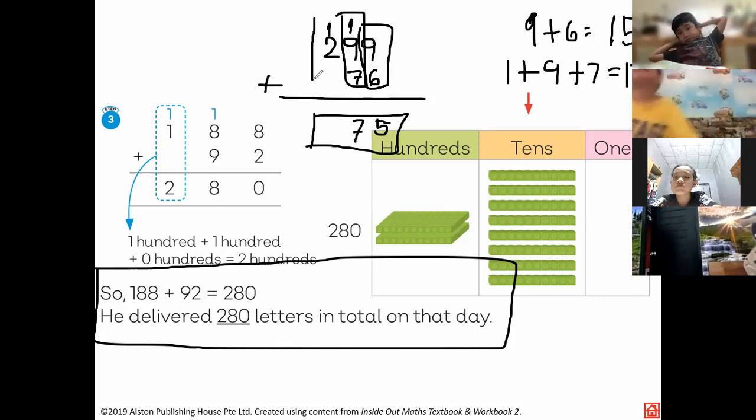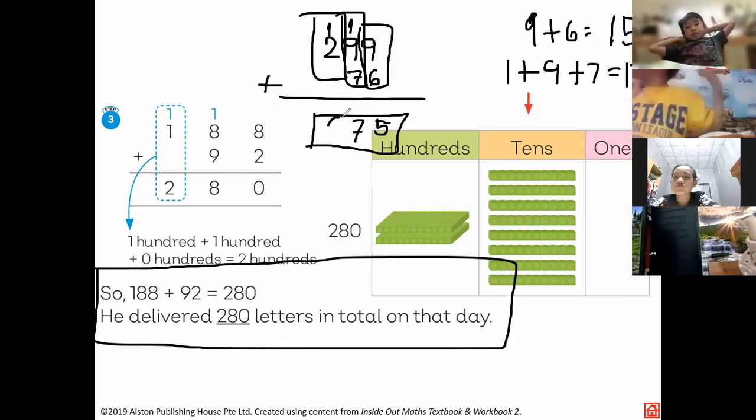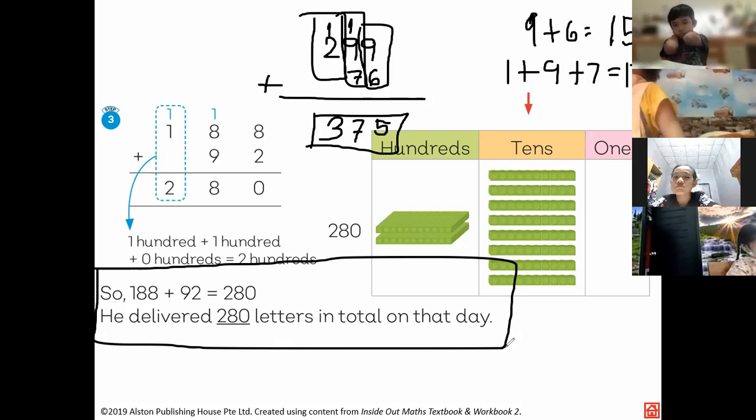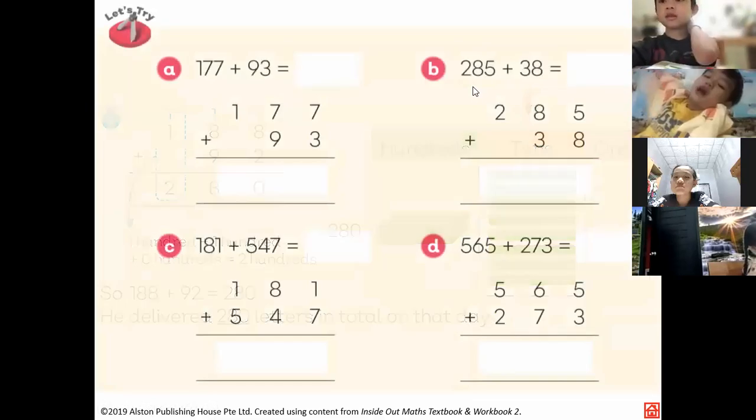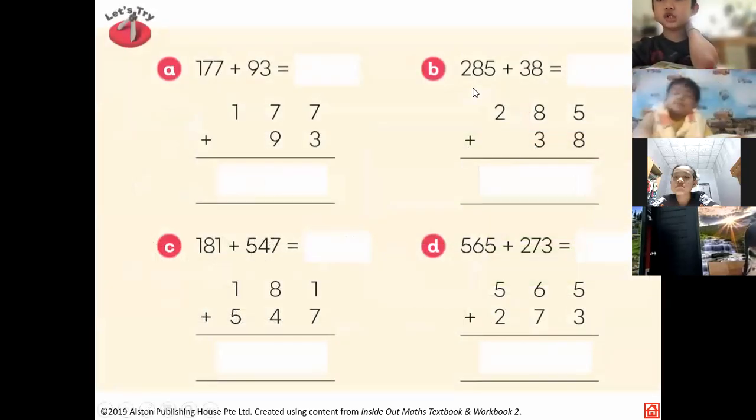Now we will add the numbers in the hundreds place. So 1 plus 2 equals 3. So the answer for this problem is 375 letters in one day. Class, do you understand? Yes, I do.